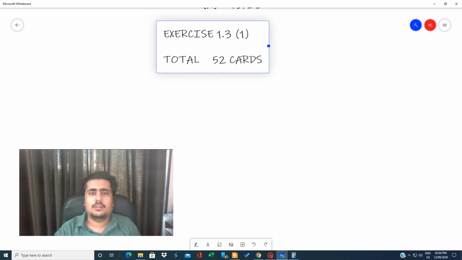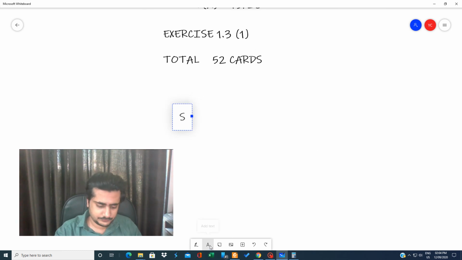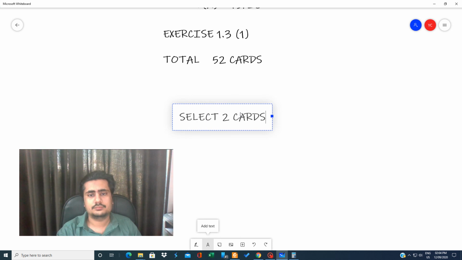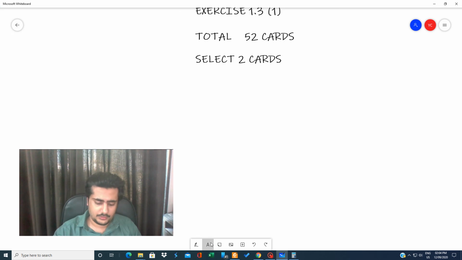Total 52 cards are there, and you have to select two cards. What is my question?